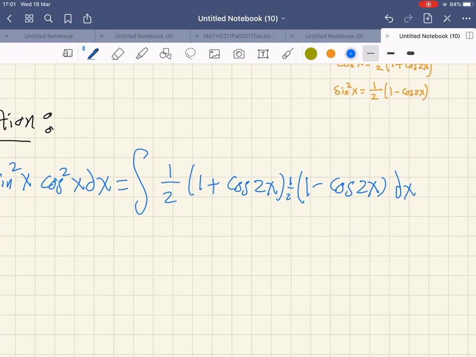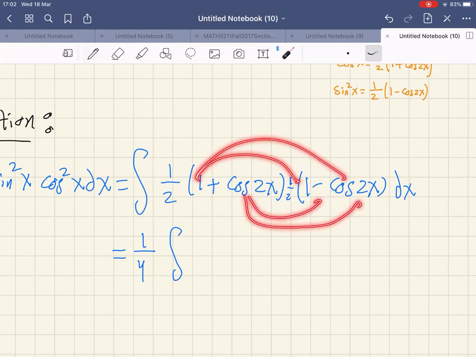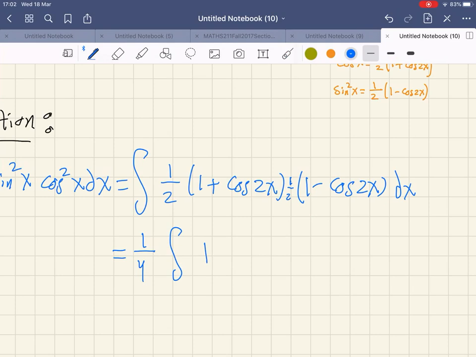Now, half with half will go outside, it will be 1 over 4. If you multiply these together, they are a difference of two squares, so for simplicity I'll just write the final answer, which is 1 minus cosine square 2x dx.